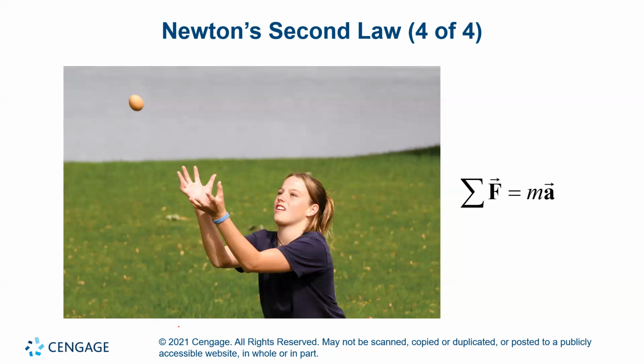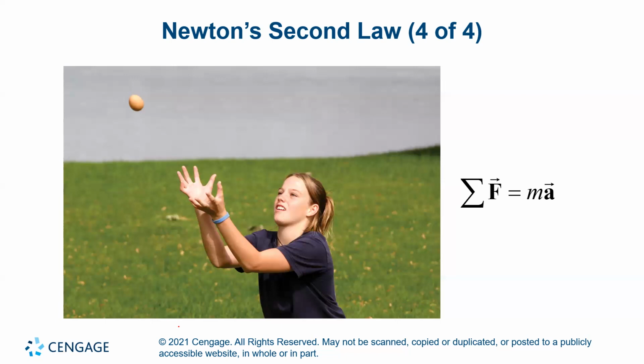But if you move your hands backward and slowly bring the egg to rest, what you're doing is actually reducing the magnitude of the acceleration, or change in velocity, of the egg. So with a smaller acceleration, you are applying a small net force and the egg does not break.